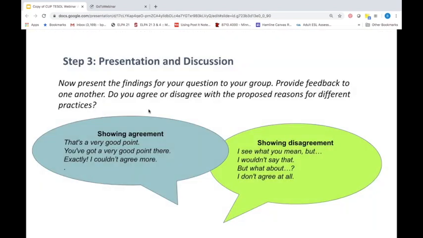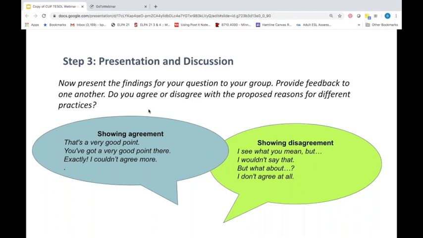After students have explored one of the questions in depth in their small groups, now we're going to take a jigsaw approach: take one member from each of those teams, create new groups, and present their findings for their question to others in small groups. Remember, Jeanne talked about the need for doing academic presentations.